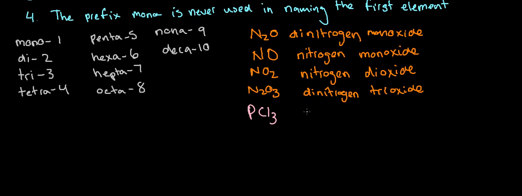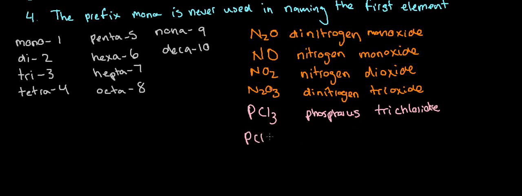There's only 1 of it. The second element, named as an ion, is chlorine, so it's going to be chloride. But there are 3. Tri. So this is phosphorus trichloride.